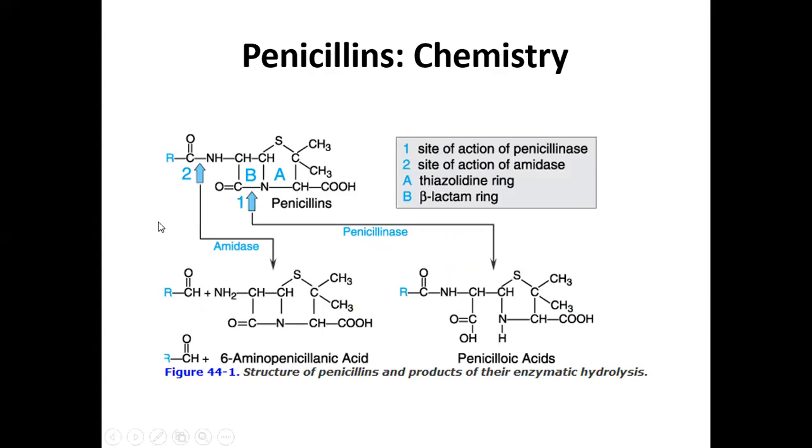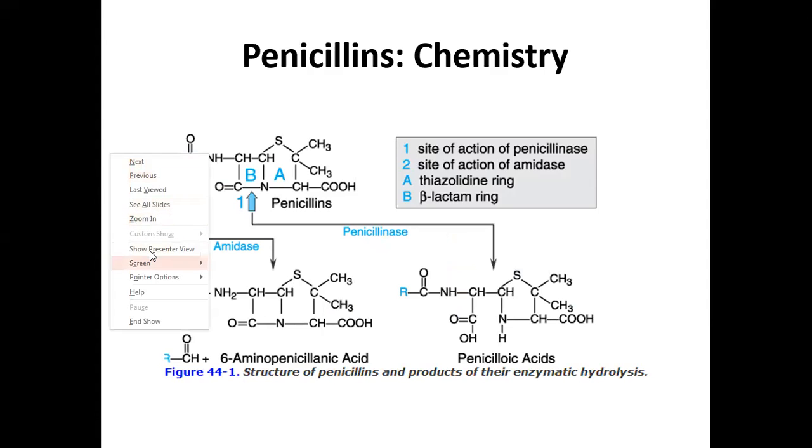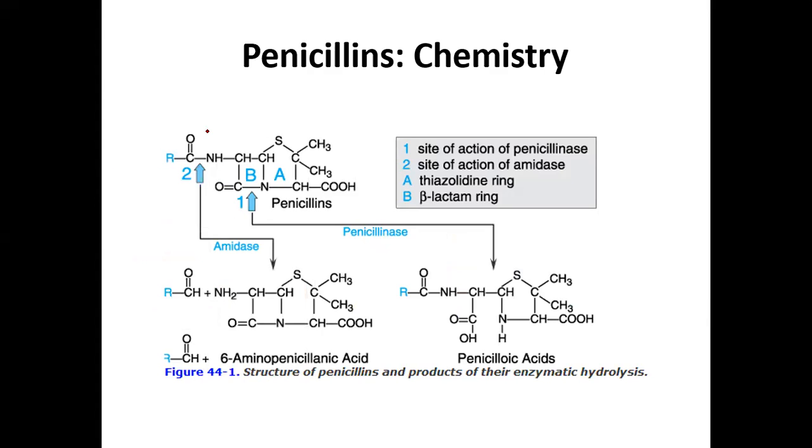Now, the penicillins, this is the structure. They do have substituents that differentiate them one from another, but in general, this is the structure of the beta-lactam antibiotics. So the penicillins have this ring, and then they have the B ring here, which is referred to as the beta-lactam ring. It's a four-membered ring, and this is what it basically looks like. All beta-lactam antibiotics have this ring.